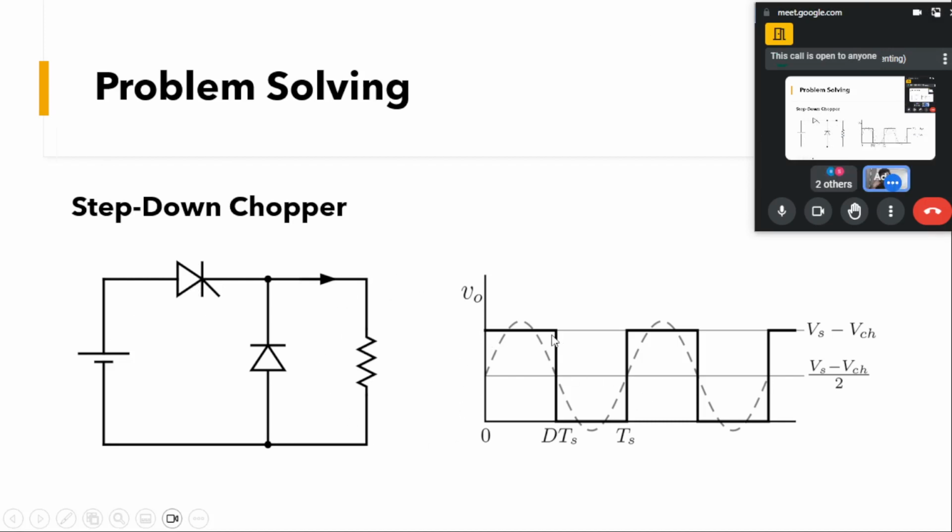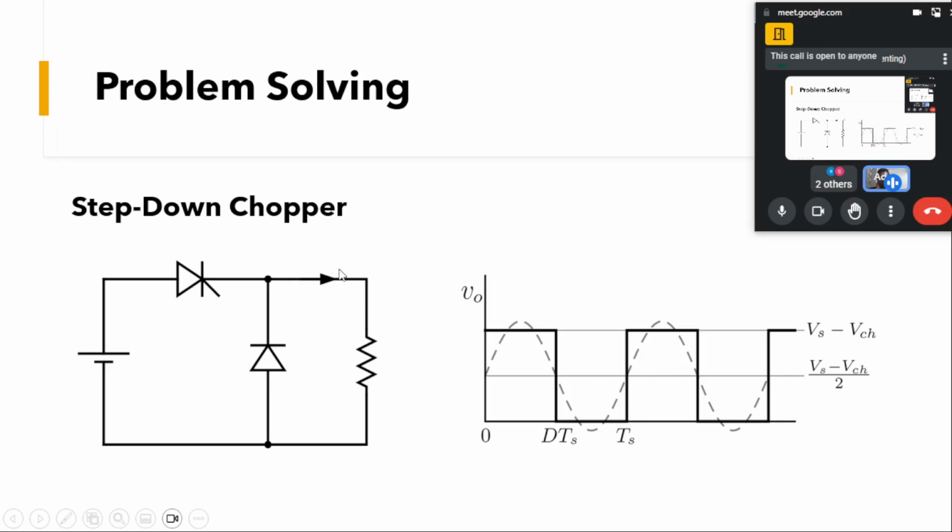And when this device is turned off, then the voltage is 0. And it's also given that we have a duty ratio of 0.5.